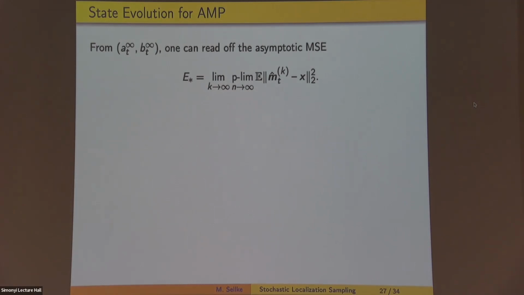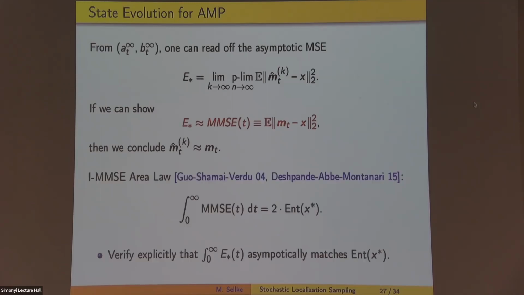And the upshot is that you can read off the mean squared error of your estimate that you get this way. And then you can use something called the MSE Area Law to show that you actually found the right thing.